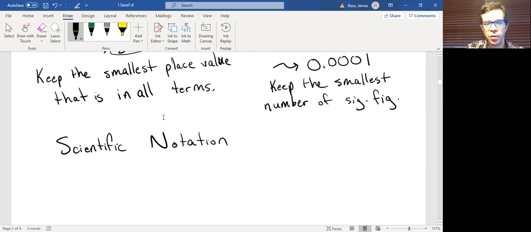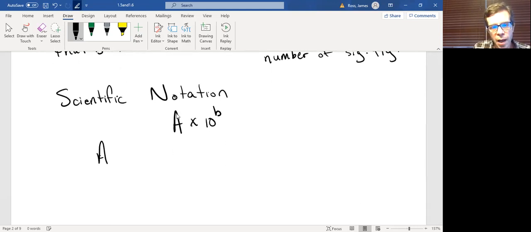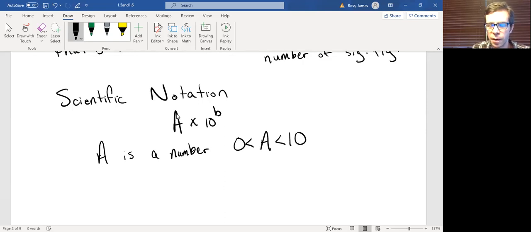In scientific notation, you're going to write, how do I want to say this? Let's say A times 10 to the B, where A is a number between, and I'm going to say strictly between, so I'm just going to write it out, such that it's greater than 0 and less than 10.